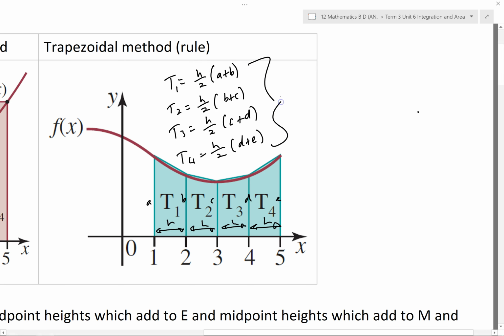If I wanted to add all these together, I'd have h on 2, which is common to all of them, and then A plus B plus B plus C plus C plus D plus D plus E.